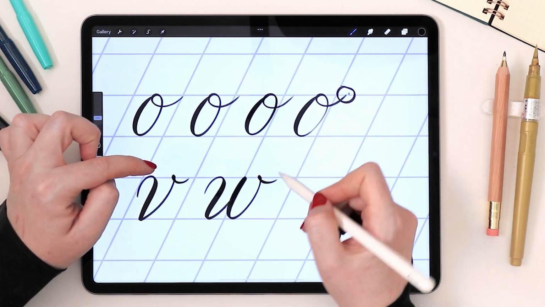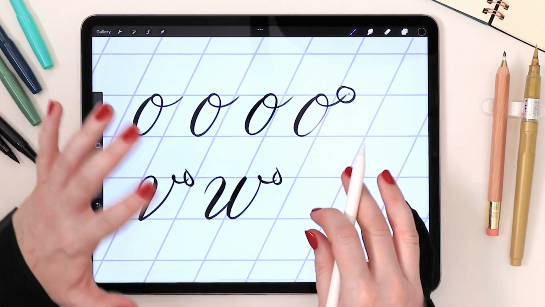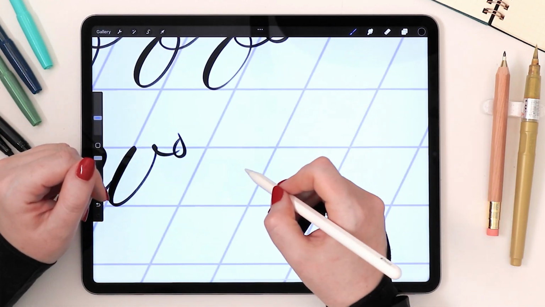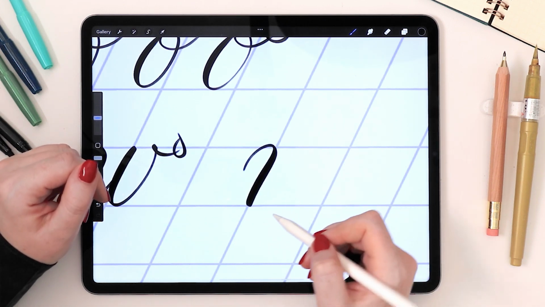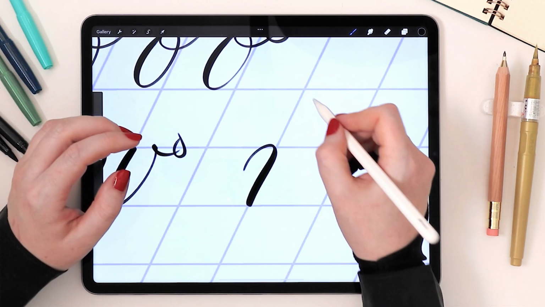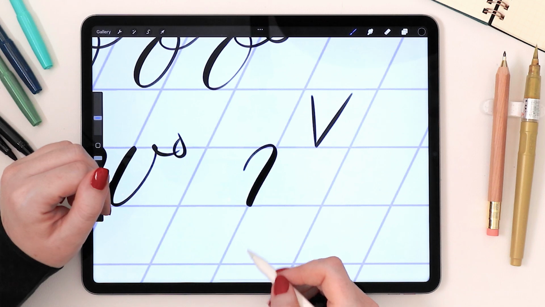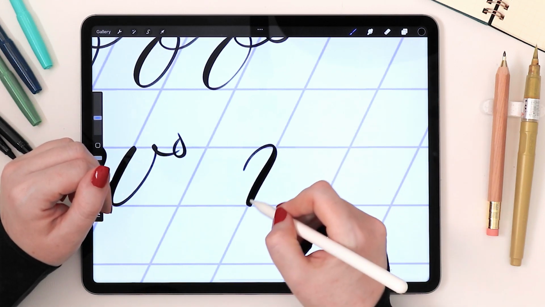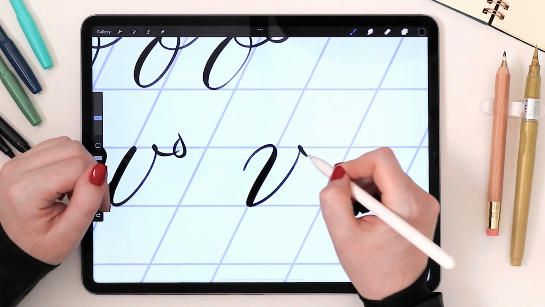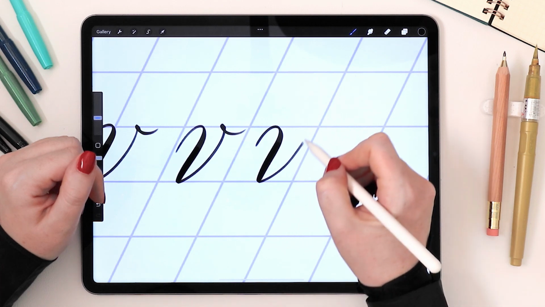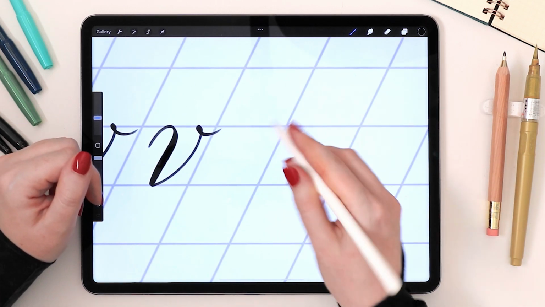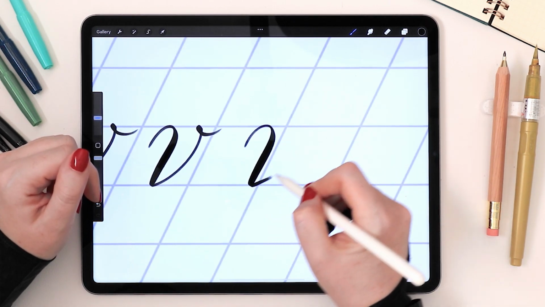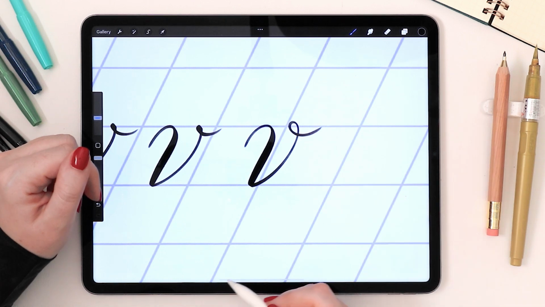So all of these end up here at the waistline. So with V, you come down just like an N. V is not this type of angle in script. V comes down, and then it comes out, down, out, over. Here it is with the loop. Okay?